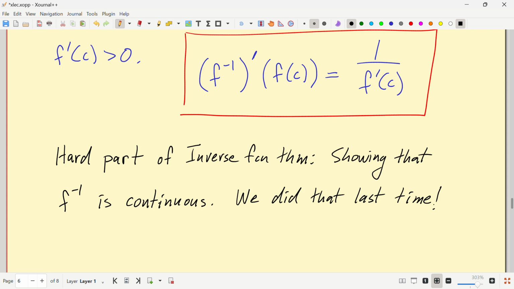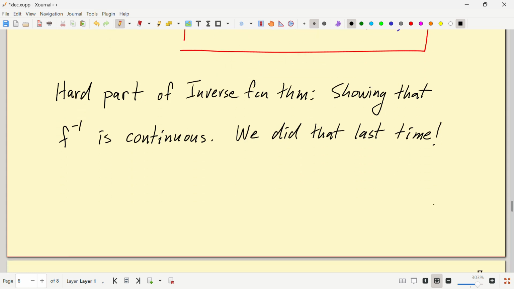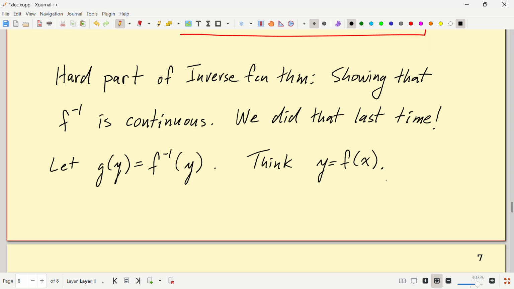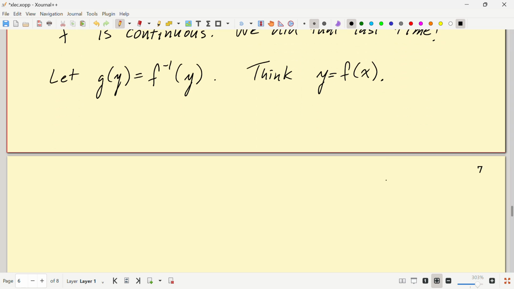I claim that after you know that the inverse is continuous, then this thing is a snap. Let's let g of y represent the inverse. And we think y equals f of x. Okay, I want to use a difference quotient to calculate that derivative.